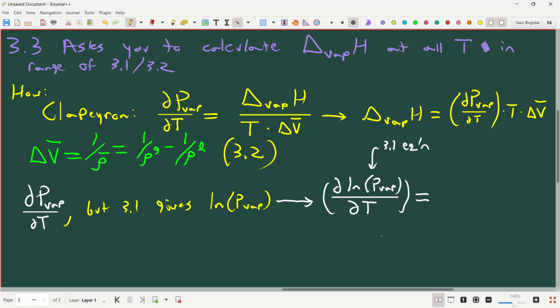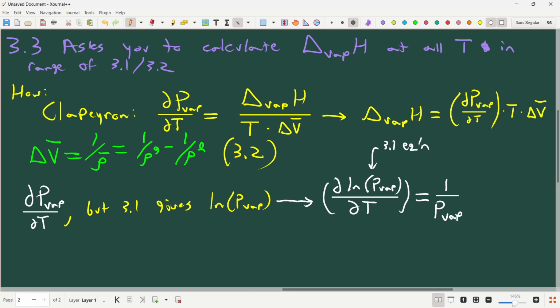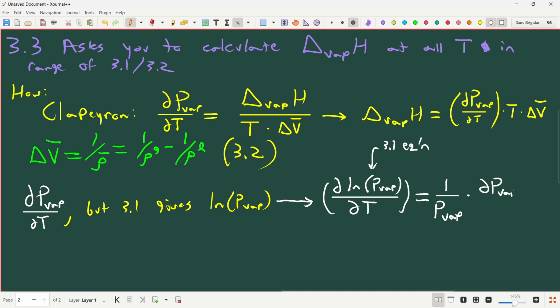So how would you get, right? We need to get rid of this log somehow. So we just apply the chain rule, right? The derivative of the log of something is 1 over that thing. So we get a 1 over P, the vapor pressure at that point, times the derivative of the interior of the log, which is dP_vap/dT.